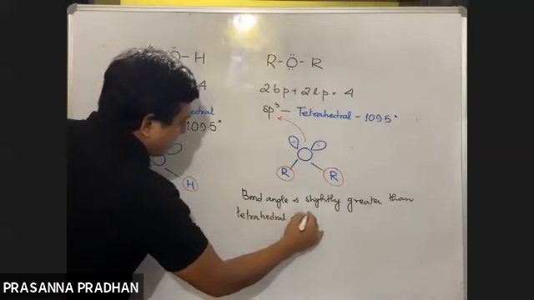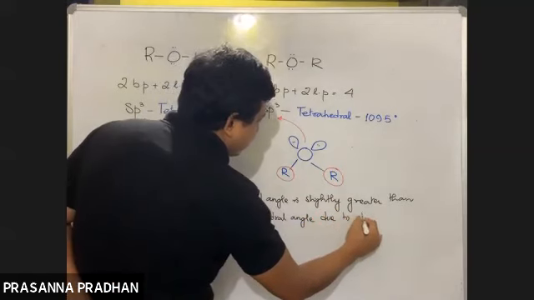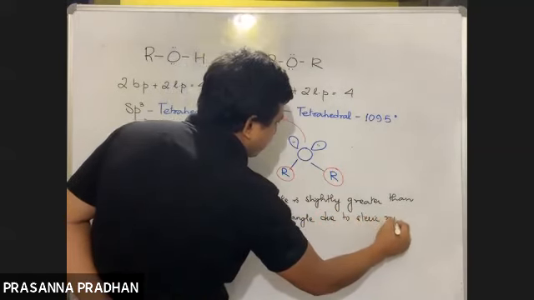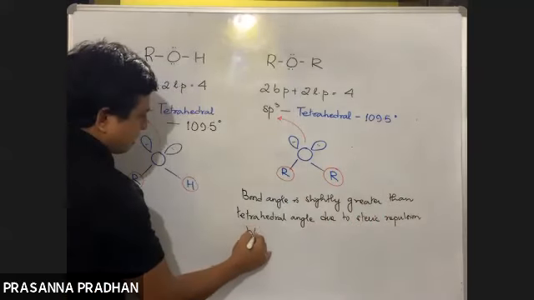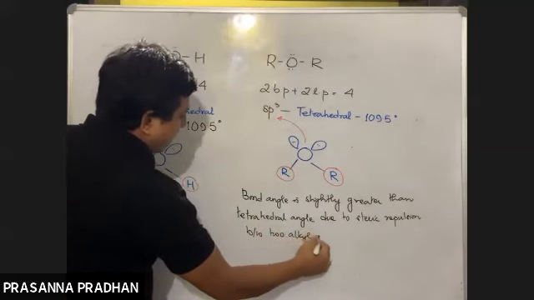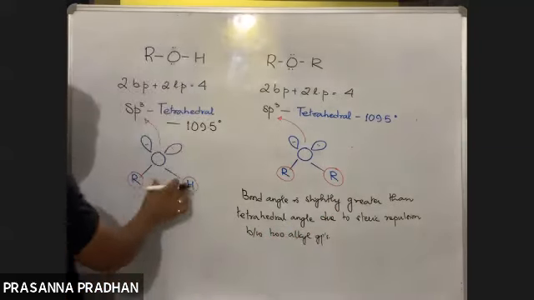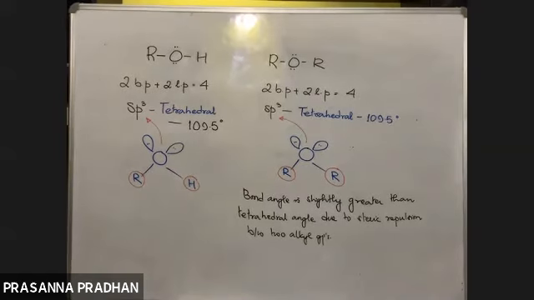Why? Due to steric repulsion between two alkyl groups. Here there is no such steric repulsion. So the bond angle is slightly greater than the tetrahedral angle due to steric repulsion between the two alkyl groups. Okay. So this is all about your physical properties.